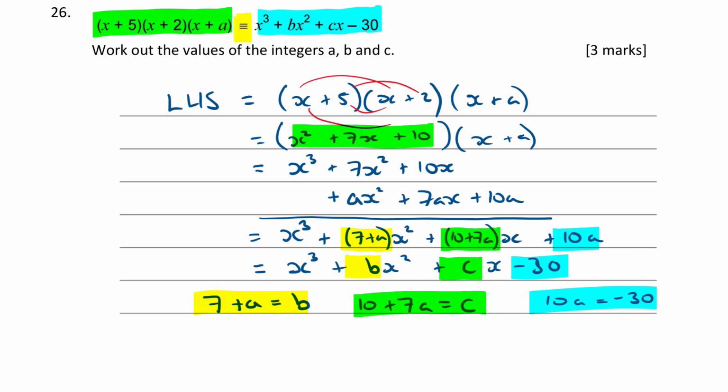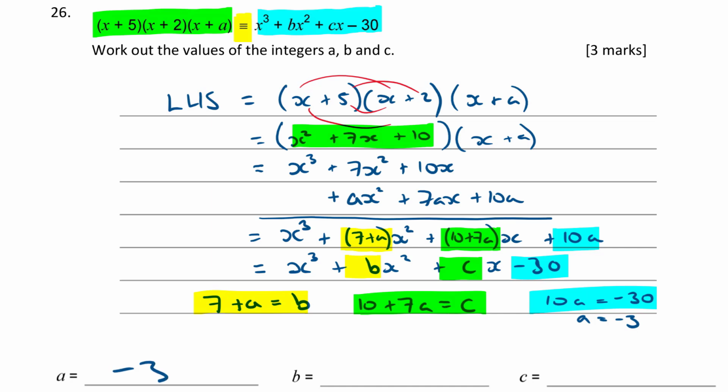Well, a is pretty easy to find because 10a is minus 30, so that makes a equal to, dividing both sides by 10, minus 3. Once I know that a is minus 3, it's pretty easy to work out b from the yellow equation. 7 plus negative 3 is equal to b, so that makes b equal to 4.